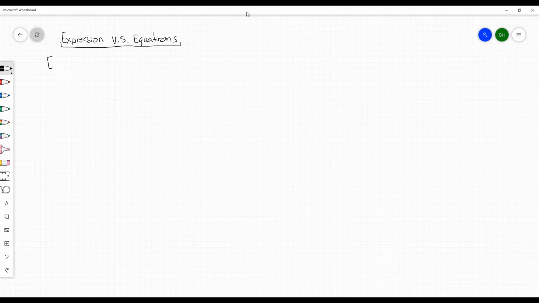Okay. So for this, I'm going to write them side by side, and I'm going to start by writing the word expression. To put it simply, an expression does not have an equal sign.